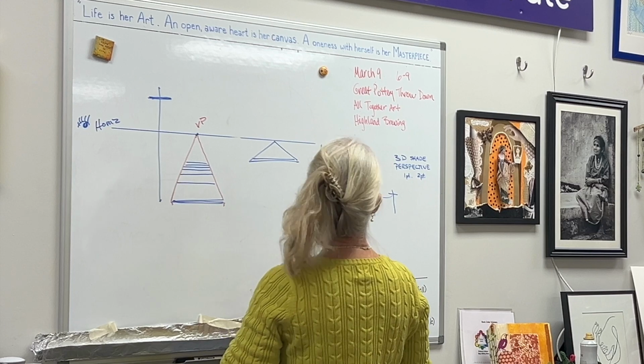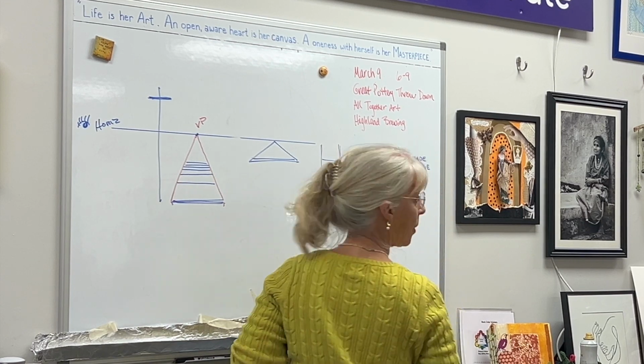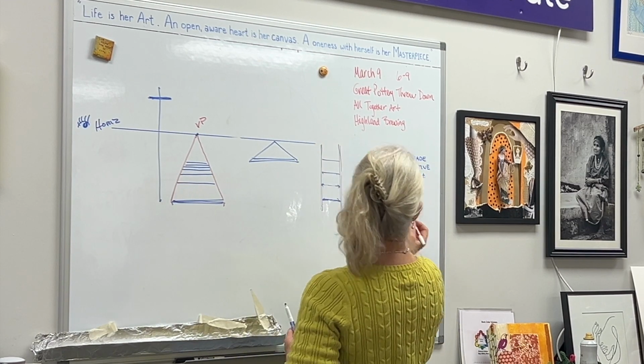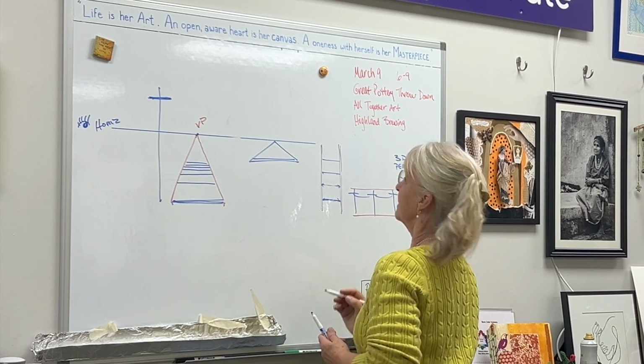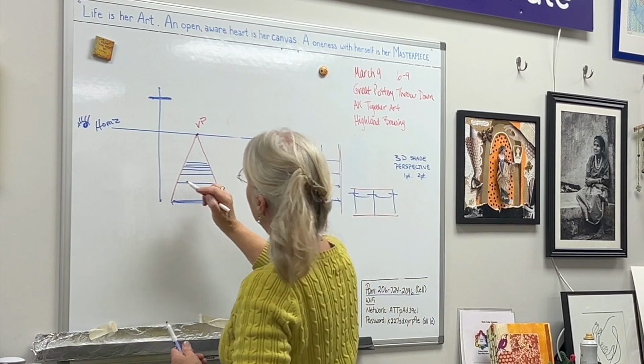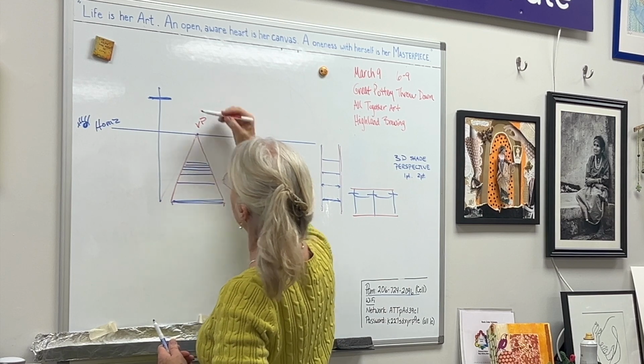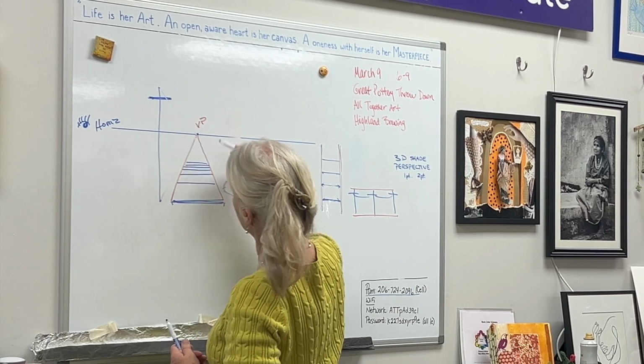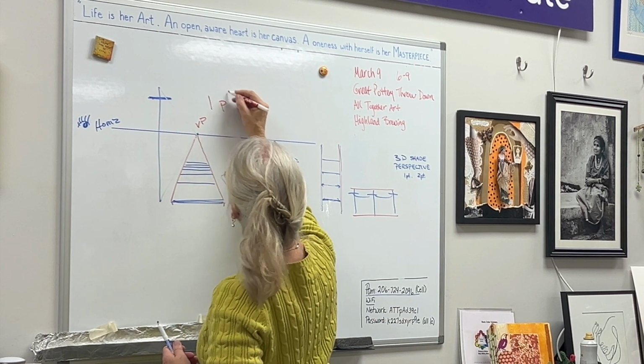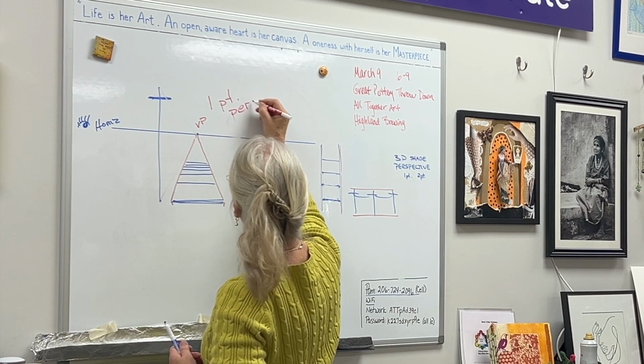If we drew an imaginary line from the bases across, an imaginary line connecting the tops of those lines would converge on the same vanishing point here, because this is one point perspective.